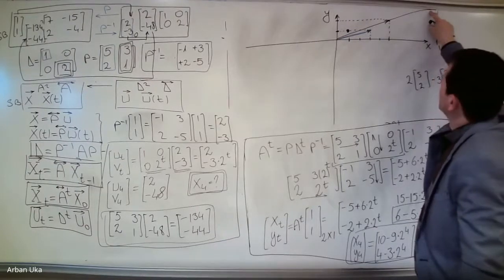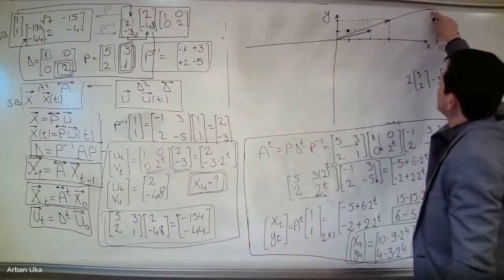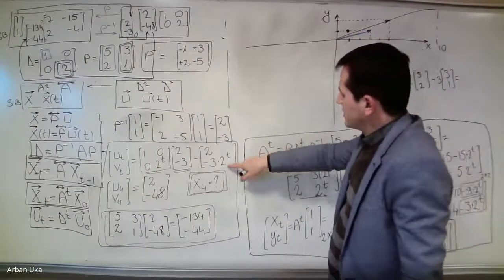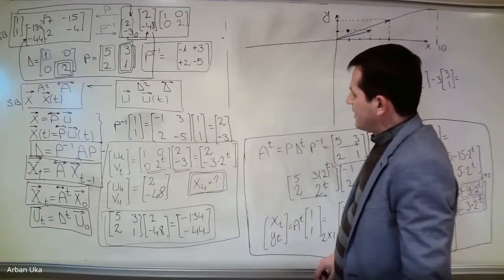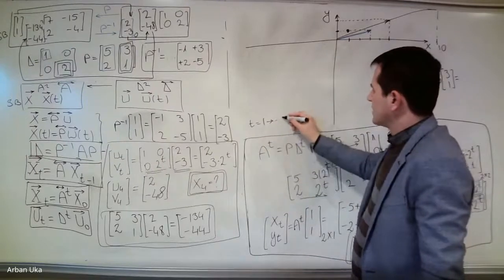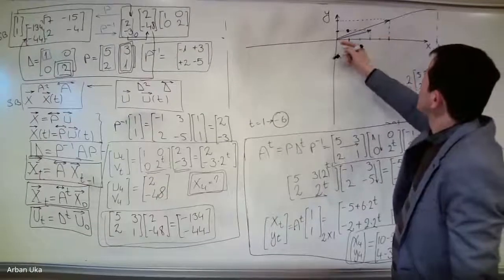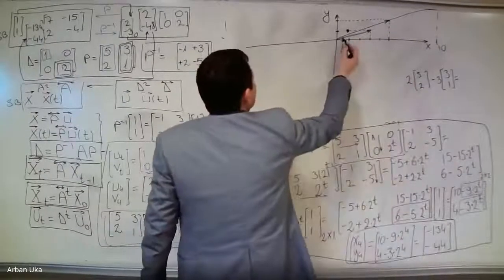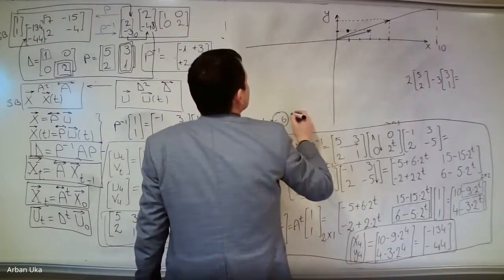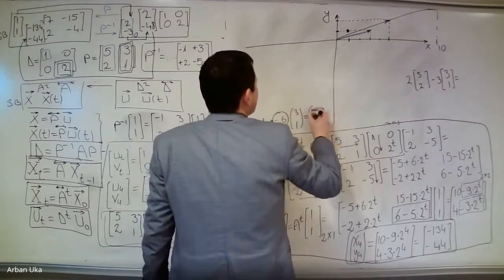Okay, now I can figure this out. So it looks like from this point here, we have to move how many units? After 1 second, when t is equal to 1, we're going to get minus 6. So minus 6 of this vector. This is 3, 1. This is going to be minus 6 times 3, 1, so minus 18, minus 6.